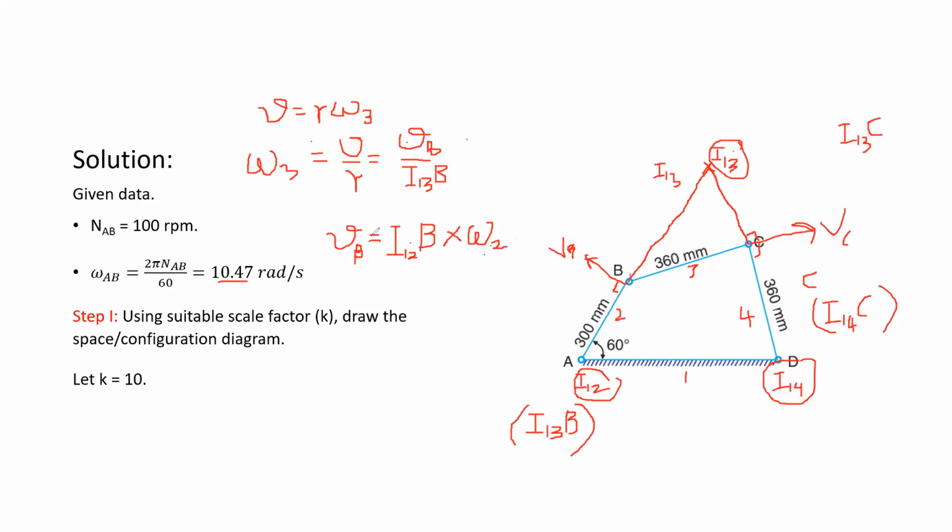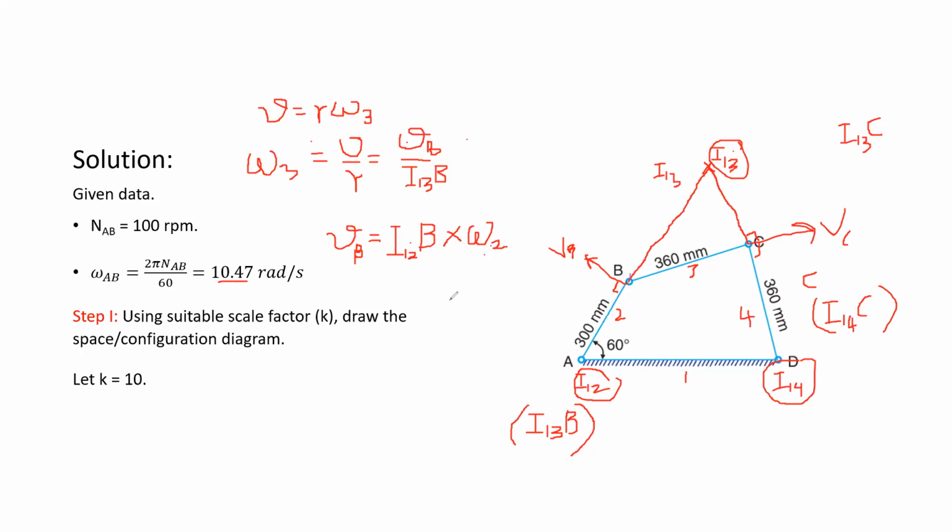And what is I12B? I12B is this distance. सो ये 30 mm हुआ है और आपने उसमें स्केल लिया है K का 10 का, तो 30 को आपको 10 से मल्टीप्लाई करना पड़ेगा, मीन्स 300 हो जाएगा. I12B will be 300 into this 10.47.